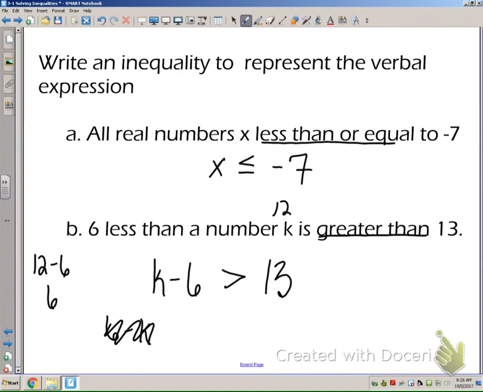If you write it the other way and say 6 take away 12, then that would be -6, and that doesn't make sense. 6 less than 12 would not be -6, it would be a +6. So it works the same way with 6 less than a number k. It is k take away 6, and then that value is greater than 13. So this entire value here is greater than the 13.